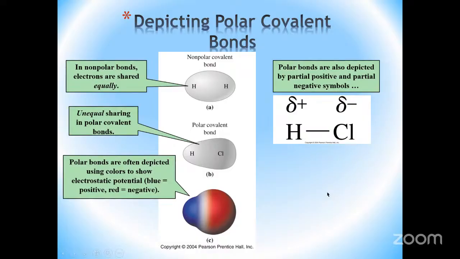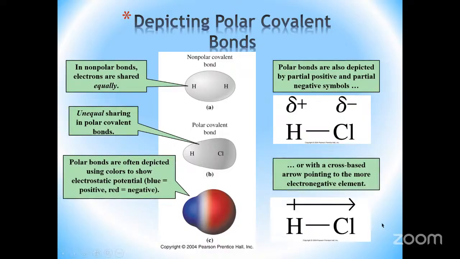Another representation you can use, which also you see in organic chemistry, is this representation here. This basically shows that the separation of charge resulting from the difference in electronegativity is a directional property, right? And the arrow shows the direction of what we call the polarity of the bond, right?